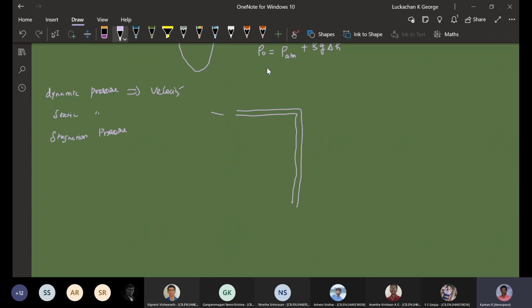Okay, this is your stagnation P naught you can measure, or sometimes you can have only this one. This hole is closed. You are going to measure only this point. You can measure your static, P static.